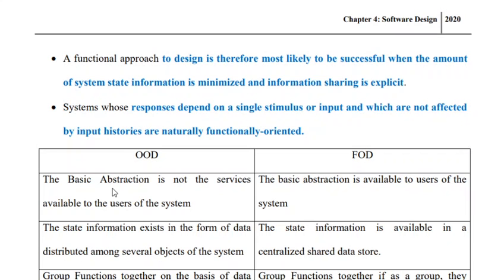This implies that function-oriented architecture is only suitable in situations where the information content, or the overall state information, is very limited, or there is an explicit mechanism for expressing information sharing. These are the situations where we can put function-oriented approach to use.